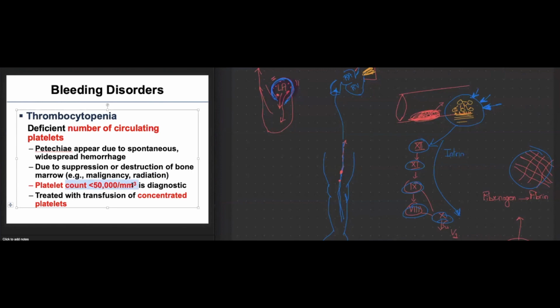In order for me to diagnose thrombocytopenia, I look at the platelet count below 50,000 per millimeter cube. This number is diagnostic for thrombocytopenia. Treatment here would be by transfusion of concentrated platelets. So patients won't need to get whole blood transfusions.